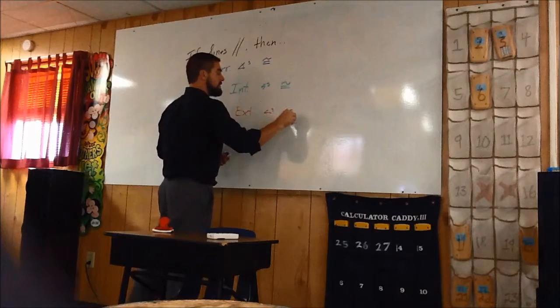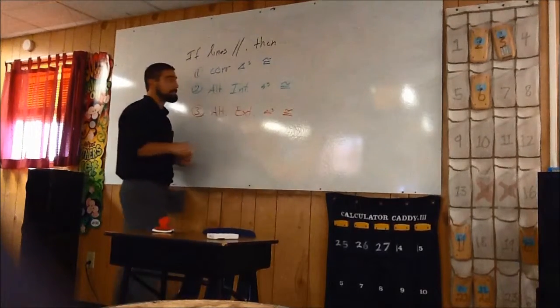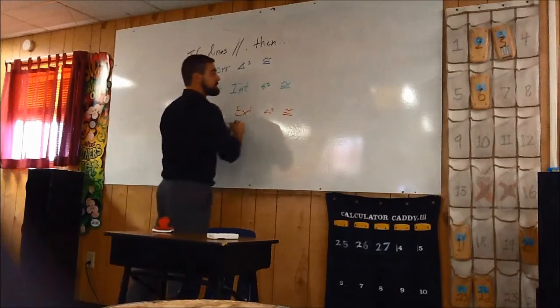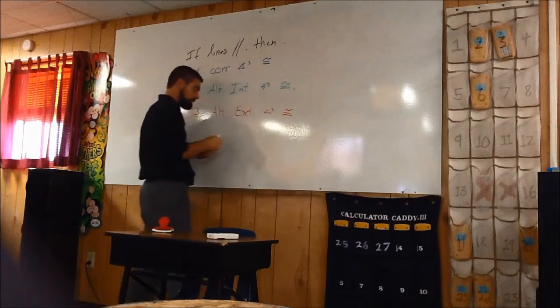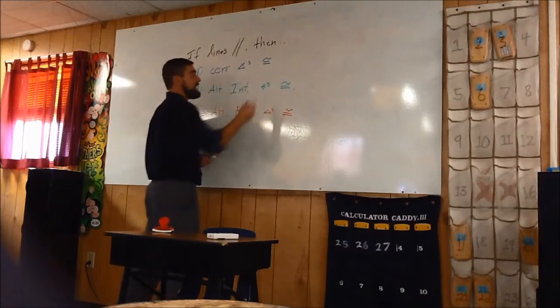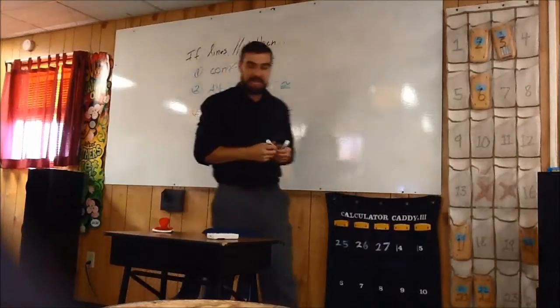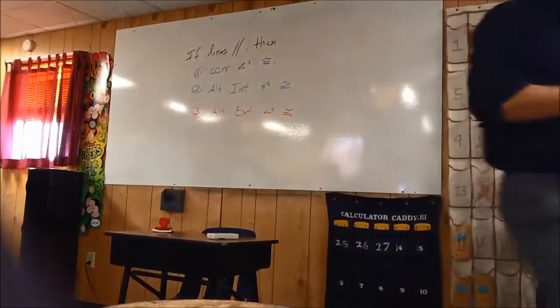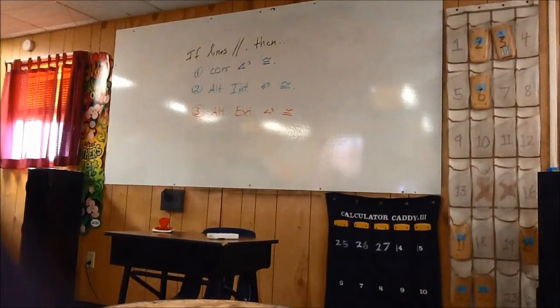Angles are congruent. So again, what's written on the board right now is the notation or the abbreviations that I'm allowing you to use on quizzes and tests. We're not making up different abbreviations. We all need to be on the same page.